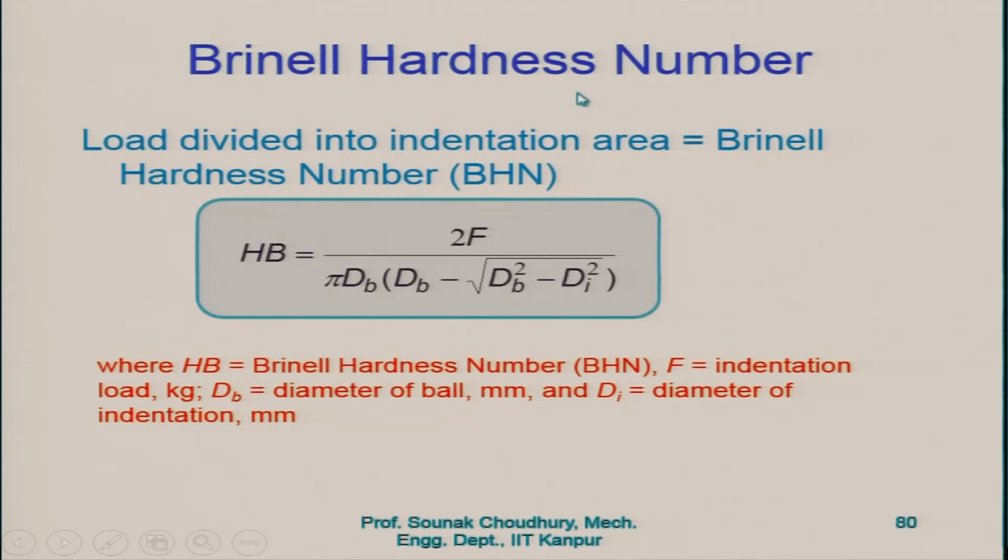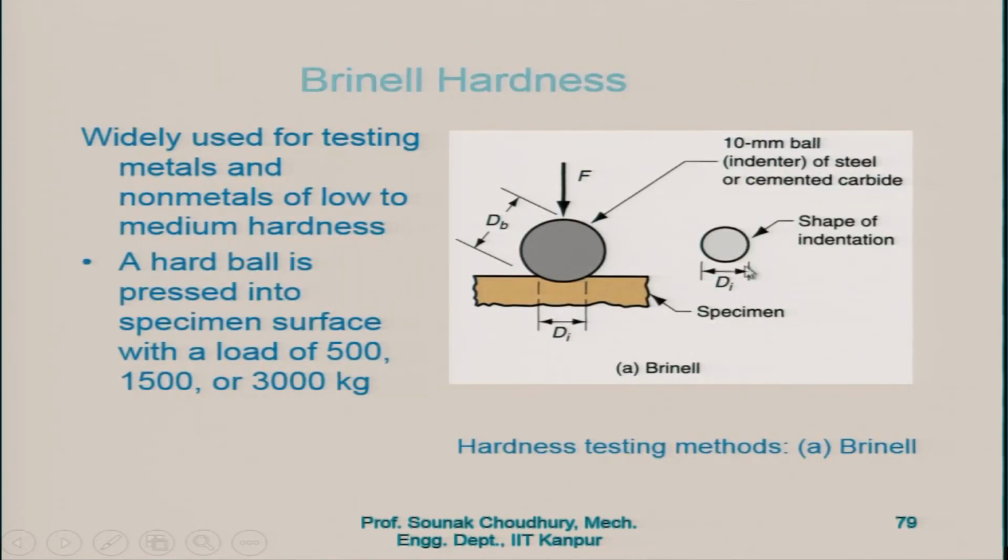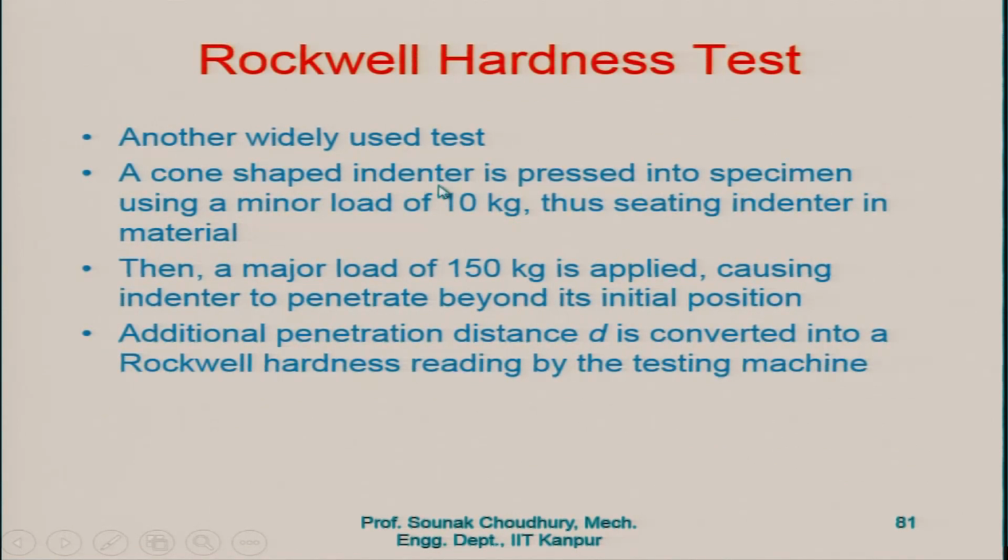In case of Brinell, the hard ball is used as an indenter, and here it is a cone shaped indenter which is pressed into the specimen using a minor load of about 10 kilogram. In case of Brinell it was 500, 1500 and 3000. This seats the indenter in the material.